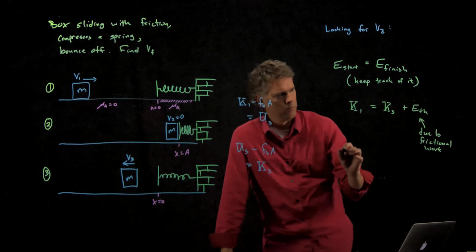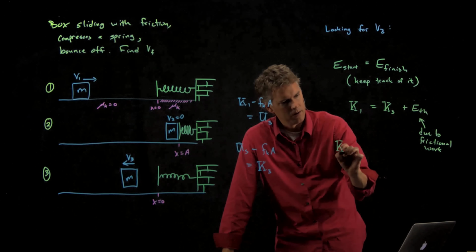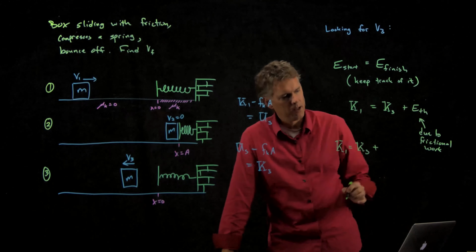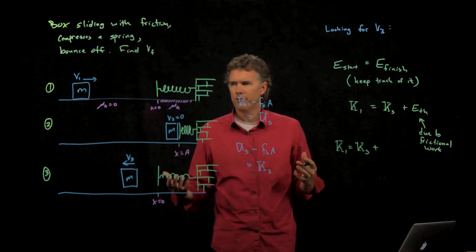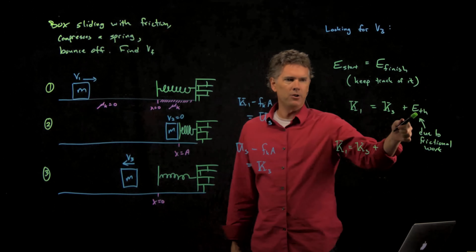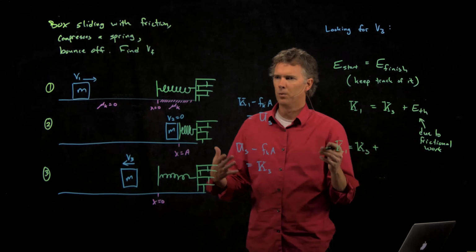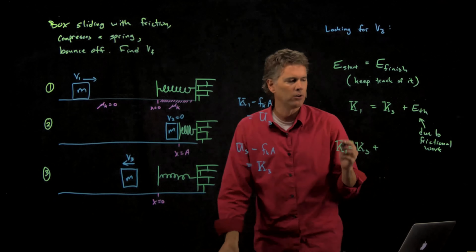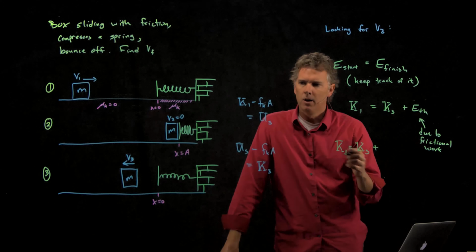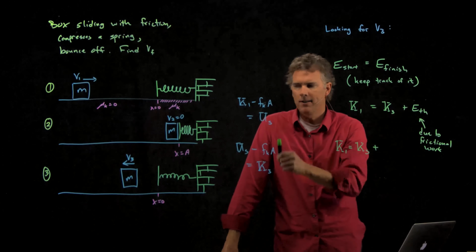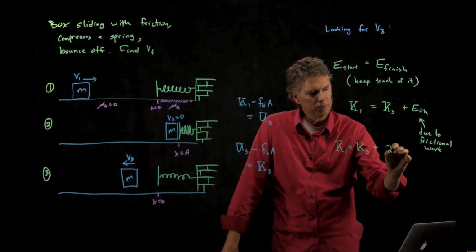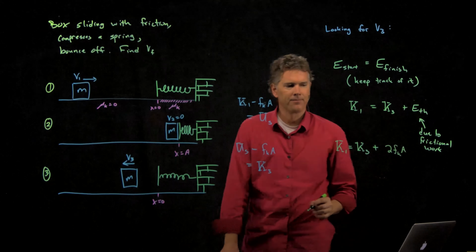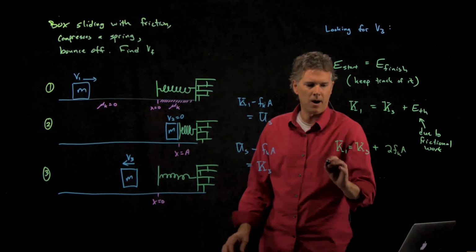Okay, so K1 equals K3 plus whatever work I did due to friction, but thermal energy is a positive quantity, and so we need to worry about the magnitude of the frictional work. We know that we did FkA on the way in, FkA on the way out, and so this becomes 2FkA. And now we see what we have.